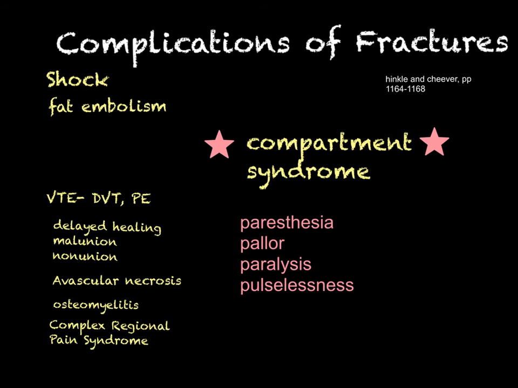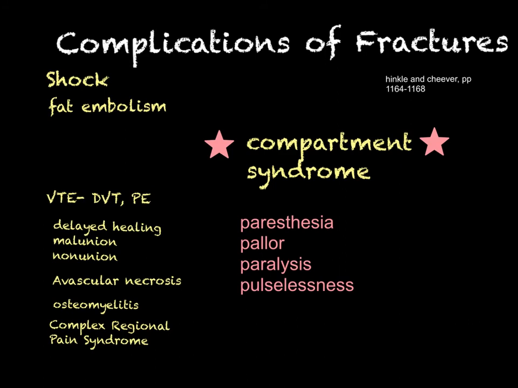We also get paresthesia, that burning and tingling and abnormal sensation. You will see pallor, progressing to a more cyanotic look. Temperature will be cold. Again, we're not getting blood to the extremity.